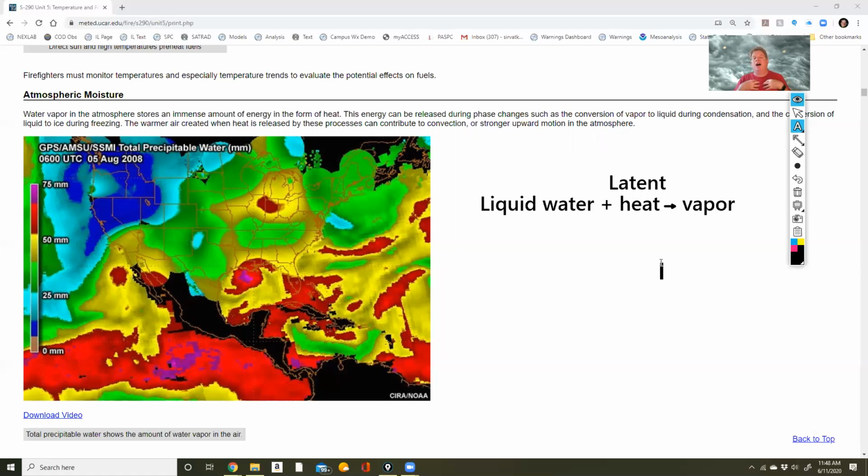This is why we sweat. We sweat when we're hot. And when we put water on our skin, the wind blows, we fan ourselves, we are causing the water to evaporate, and it is removing heat. So evaporation results in cooling. You got to know this. Oh my gosh, do you need to know this? Evaporation results in cooling. When it rains, if it's in a cloud, it's not going to evaporate because the cloud's saturated.